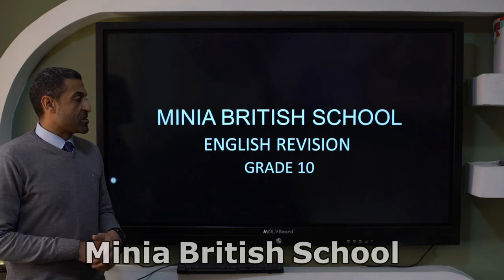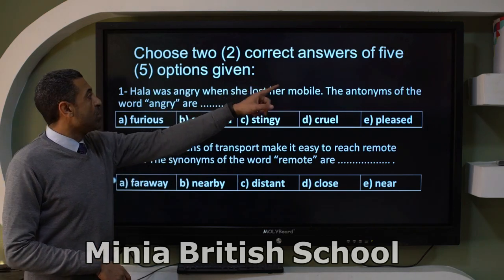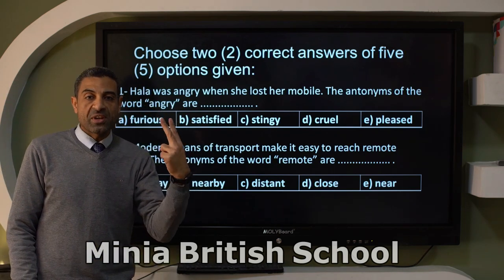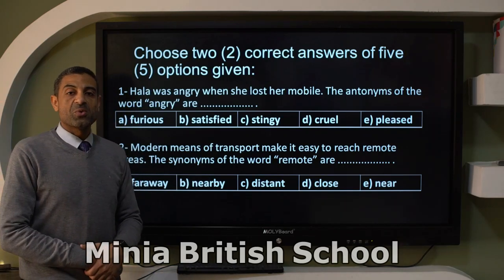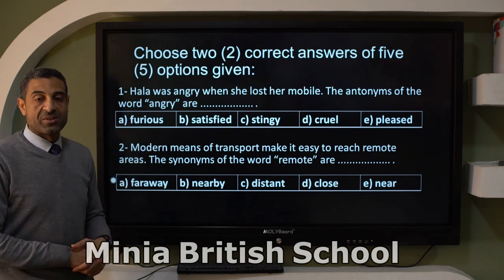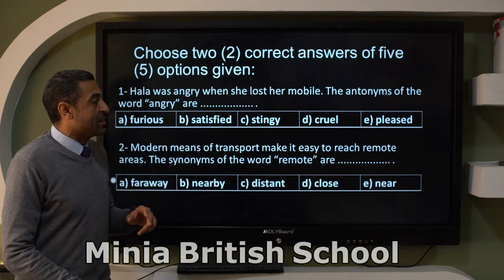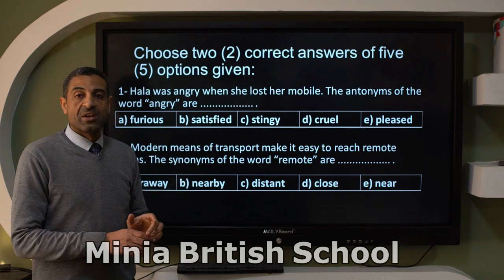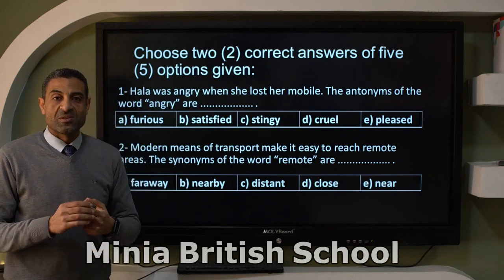Okay, so let's start with the first part, where we choose two correct answers out of 5 options given. I have two sentences and I have to choose two correct answers for each sentence. We have some examples we will study together to check how we can answer these sentences. Hala was angry when she lost her mobile. So here the antonyms of the word angry are... We have to choose two antonyms, and antonyms mean the opposite meaning of the word.